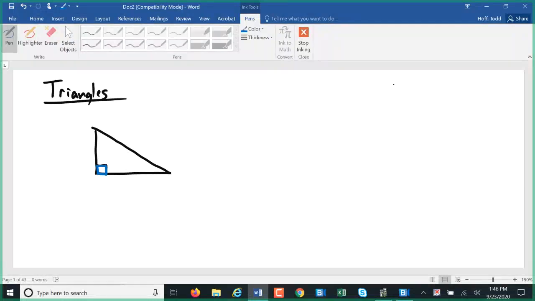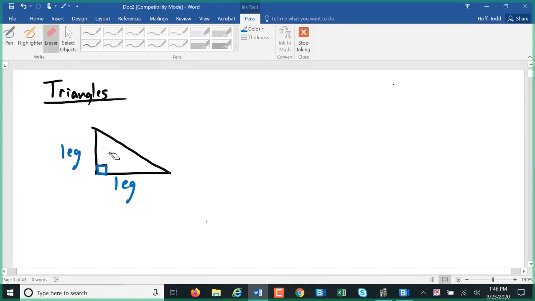The two sides that come together to make the right angle are called legs. So that's a leg, and that's a leg. Our other side, the one that's across from the right angle, is called the hypotenuse. The hypotenuse is always the largest side. There is no way that a leg can be larger than the hypotenuse.